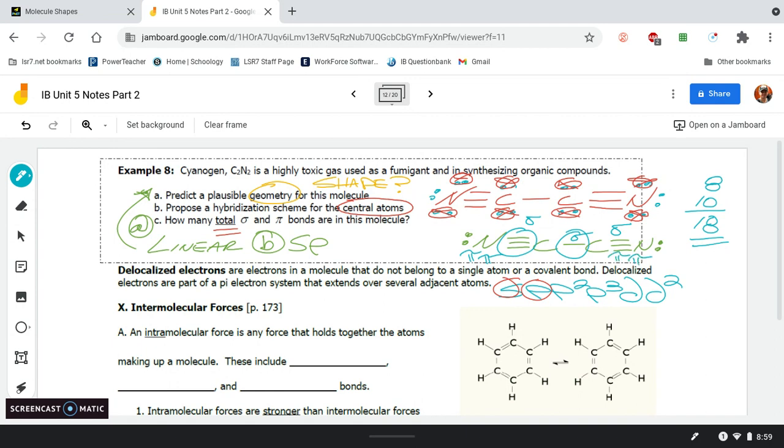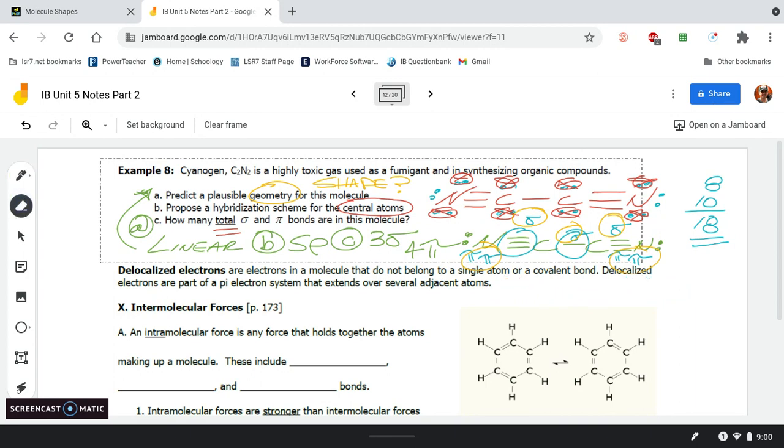So you have 3 sigma bonds, 1, 2, 3, and then 4 pi bonds. So to sum it up, counting sigma and pi bonds is just counting single bonds as sigma, and everything else is pi. Just count them up.